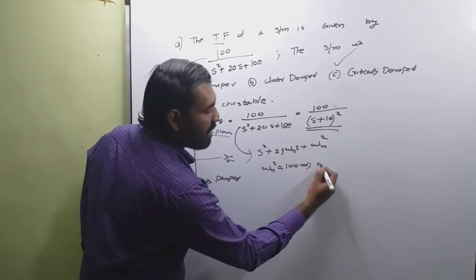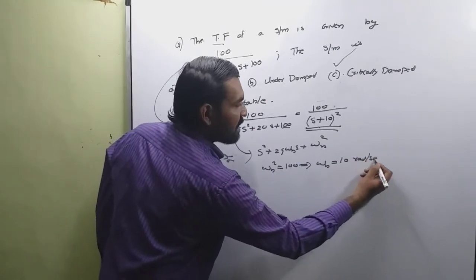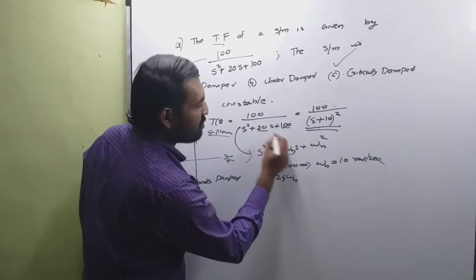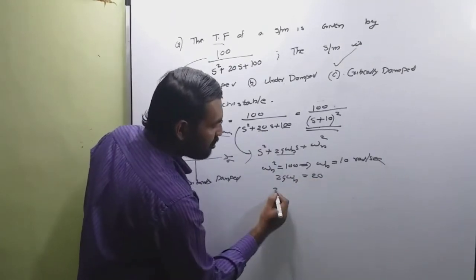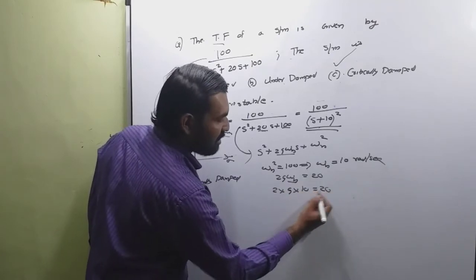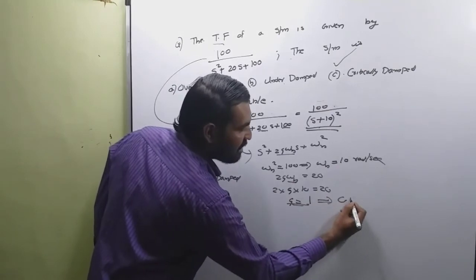This implies omega n is equal to 10 radian per second and 2 theta omega n is equal to 20. That means 2 into theta into 10 is equal to 20. That implies theta is equal to 1. So this means critically damped.